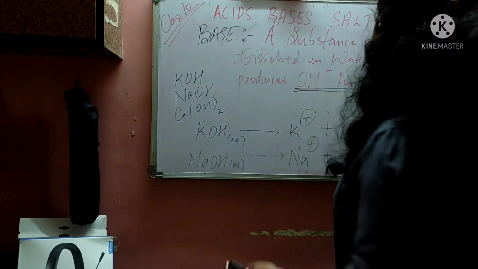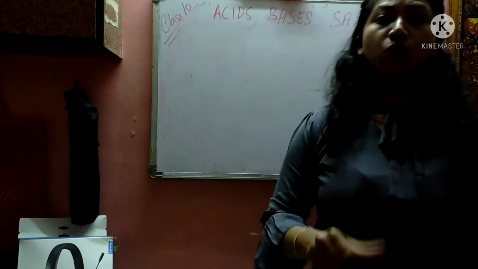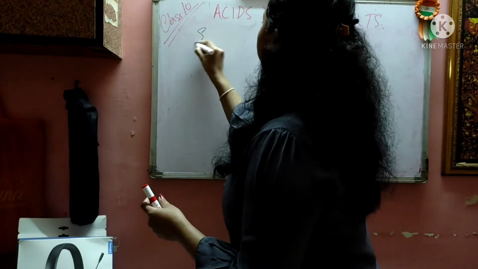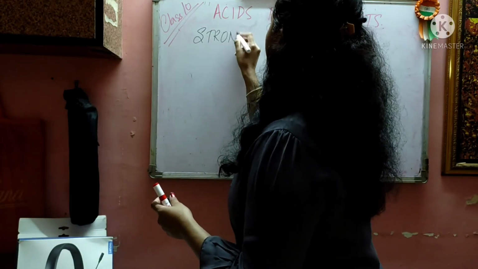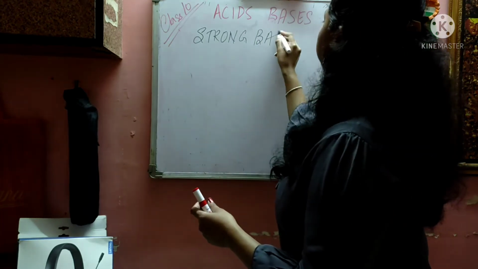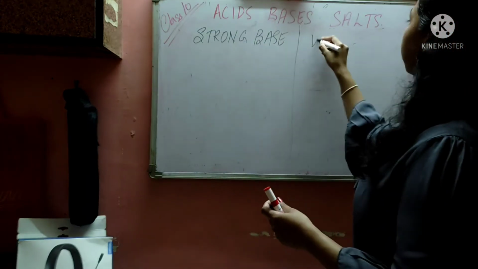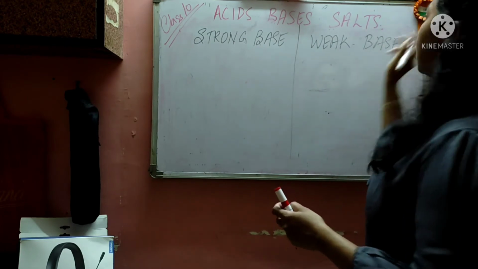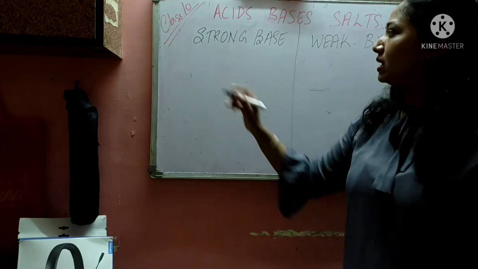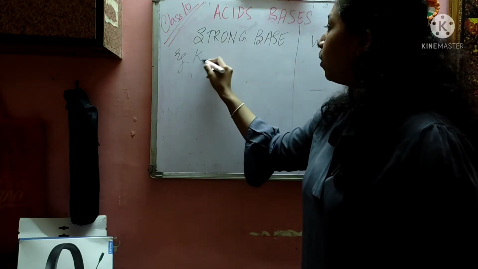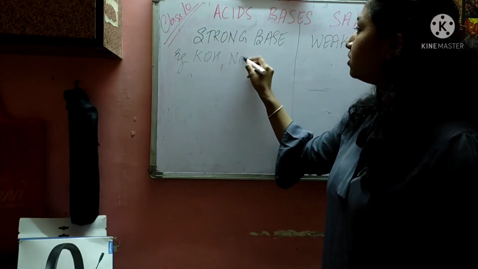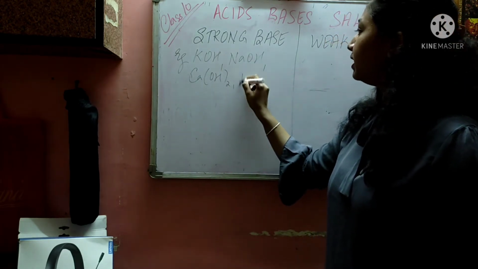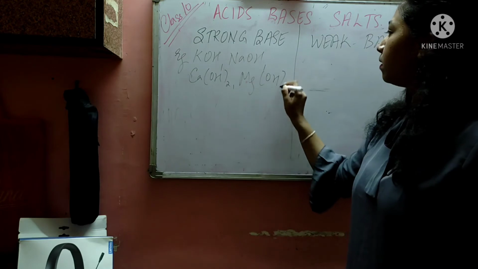Examples of strong bases are KOH, NaOH, calcium hydroxide, and magnesium hydroxide.